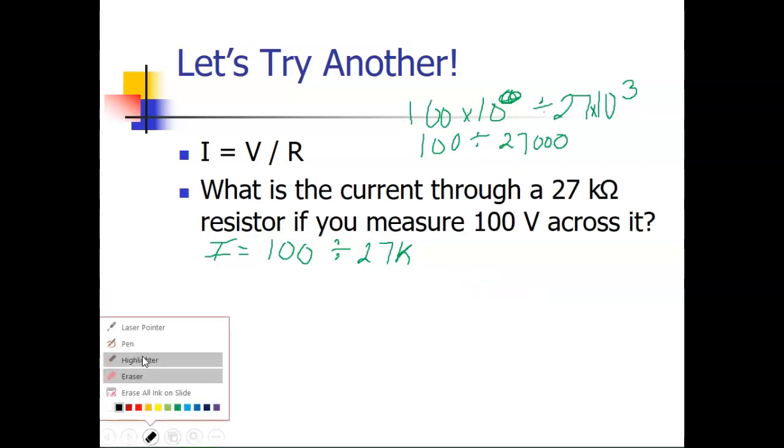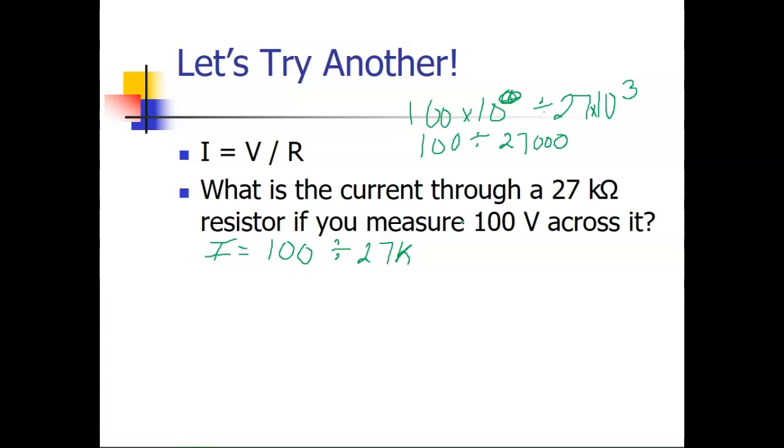So in your calculator, type in 100 divided by 27 with 3 zeros behind it, and you should get 0.0037. Putting it into notation, you end up with 3.7. I moved the decimal place 3 places to get behind that 3.